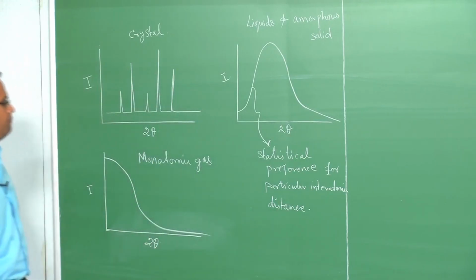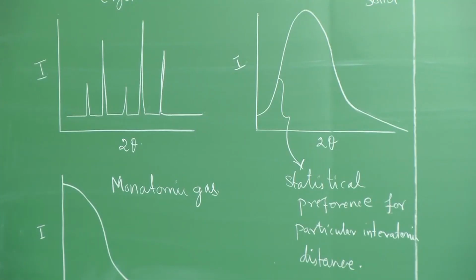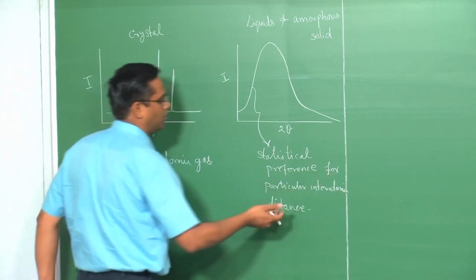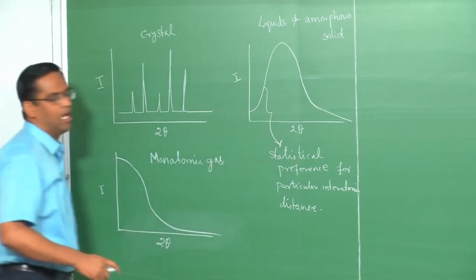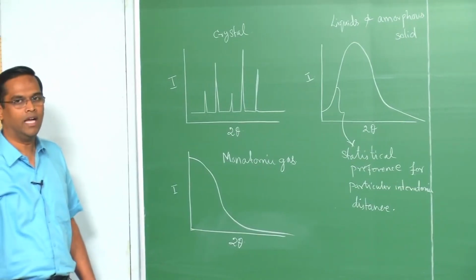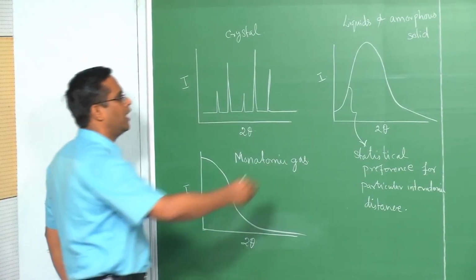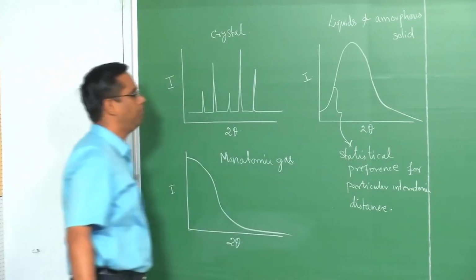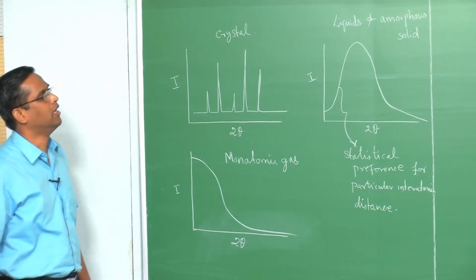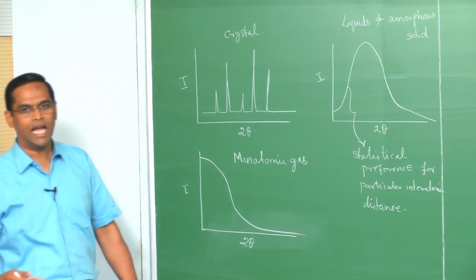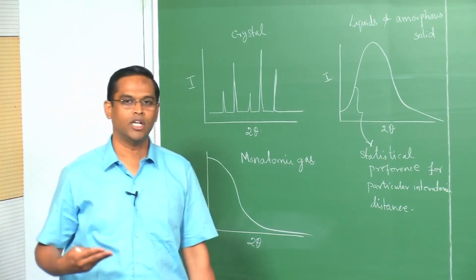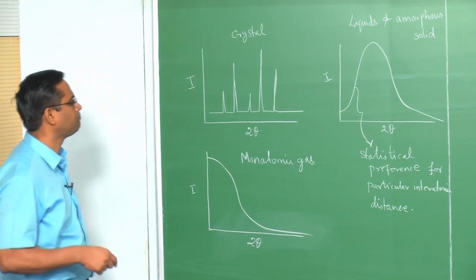It is only a statistical preference for a particular interatomic distance that gives a preferential angle, and eventually you see only a broad peak, which is true for an amorphous solid and liquids, which lack crystal orderliness.